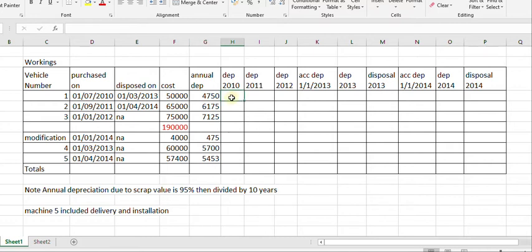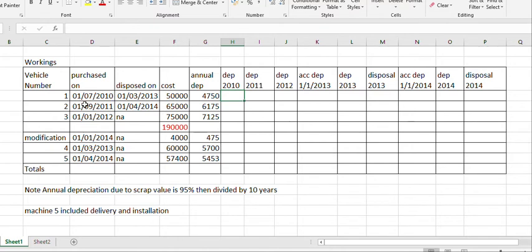So we'll start with vehicle number 1. Vehicle number 1 was bought on the 1st of the 7th, 2010, and it was disposed of because it was damaged on the 1st of the 3rd, 2013. So at the moment, I'm only dealing up to 2013.